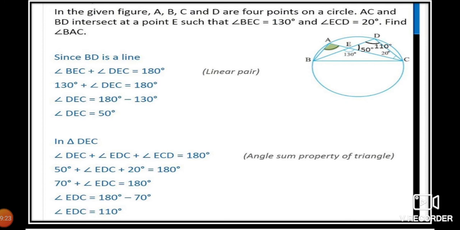So DEC value we know, 50 degrees, plus EDC we don't know, write as it is, plus ECD equals 20 degrees, equals 180 degrees. So 50 degrees plus 20 degrees is 70 degrees, plus EDC equals 180 degrees. So angle EDC equals 180 degrees minus 70 degrees. The 70 degrees you can shift to the RHS, then it becomes minus. So angle EDC equals 110 degrees.